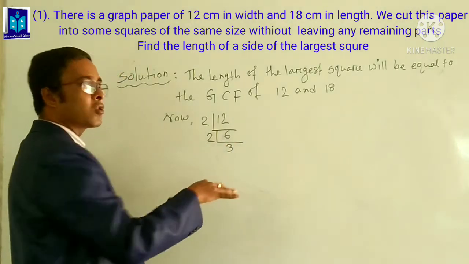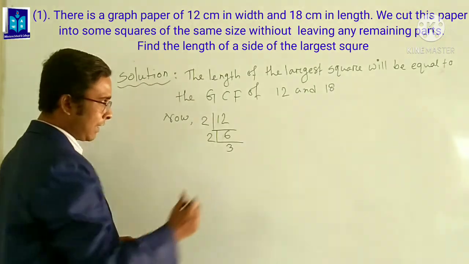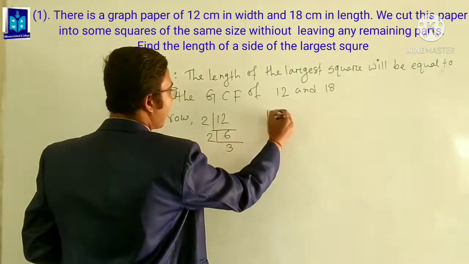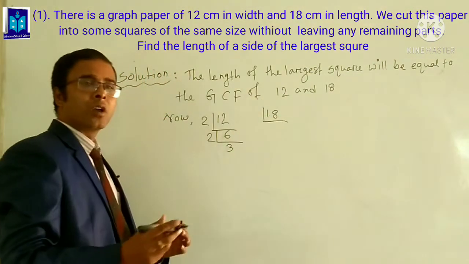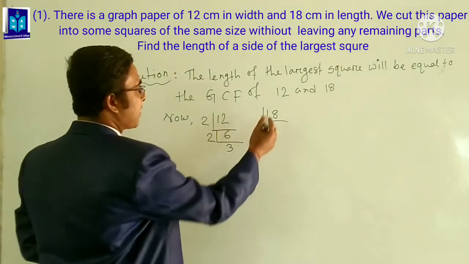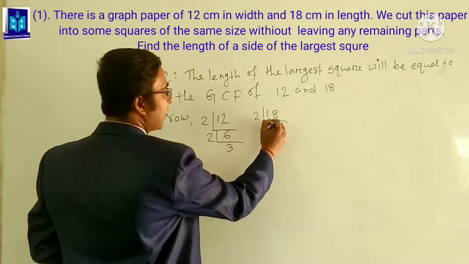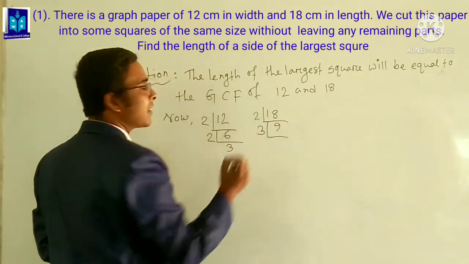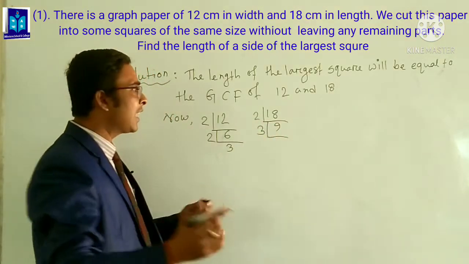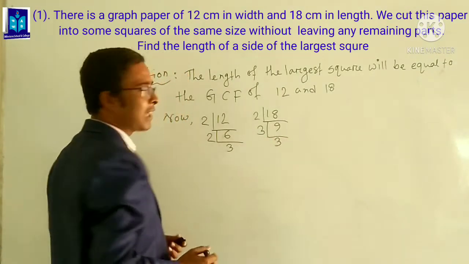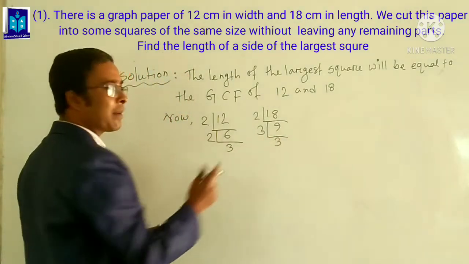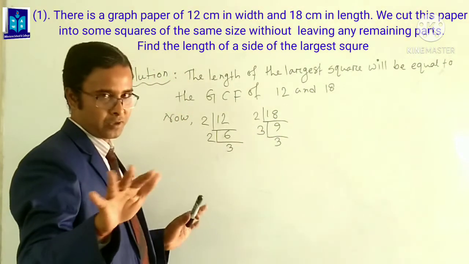This 3 is a prime number, so we will stop here. Again, for 18 also, at first we can divide this by 2. That means 9 twos are 18. Then it will go by 3. That means 3 threes are 9. We get a prime number again, so we will stop here.